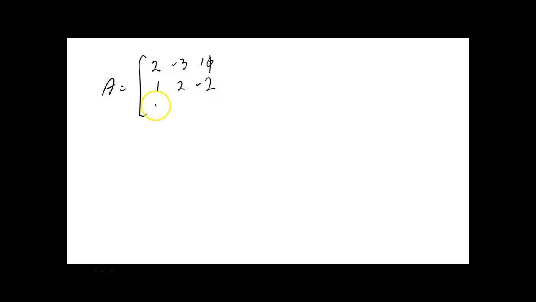And 0, 0, negative 3. It says find its determinant. That's not a hard thing to do. How would you do it? How would you determine the determinant of that?